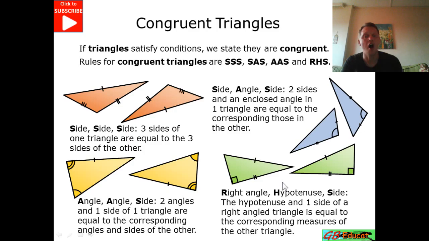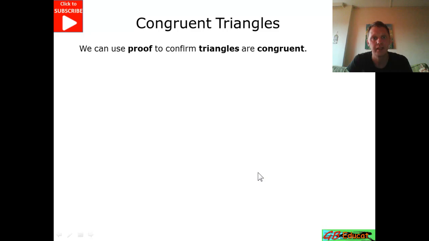And we've got RHS, which is our right angle hypotenuse side. So if we've got both our triangles a right angle triangle, both our hypotenuse are both equal, and we've got another corresponding side which is equal, we can state that these two triangles are congruent.